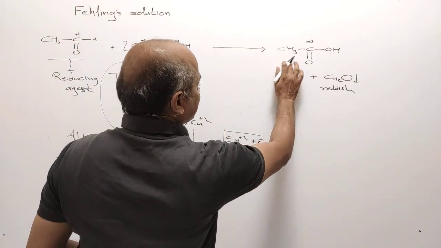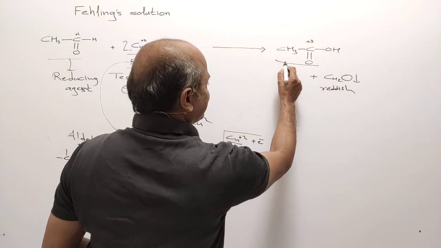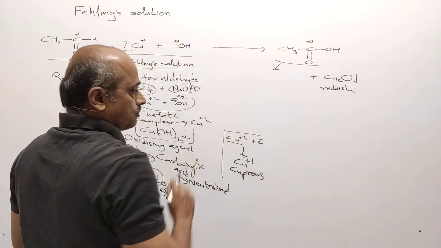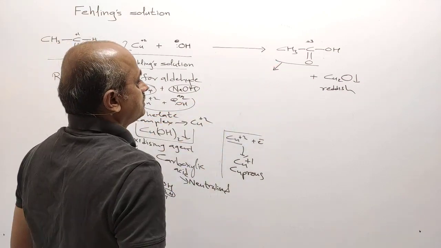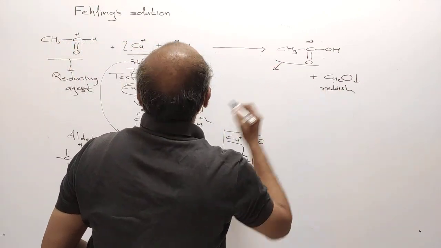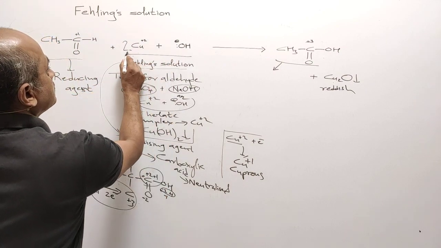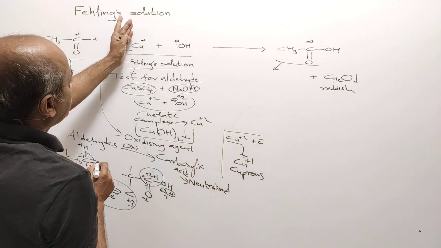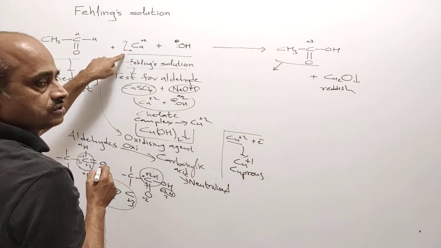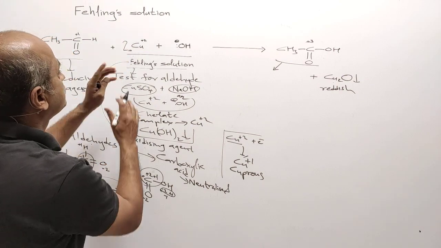So this is the acid. Now this further gets neutralized, that I will not show here, to the corresponding salt, and Cu2O, so oxygen from here. Now you look here, +2 charge, 2 cupric ions means total charge +4.